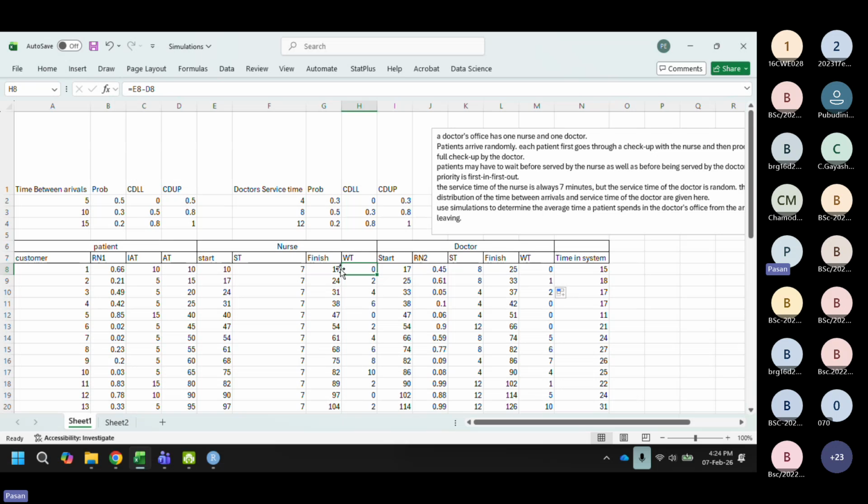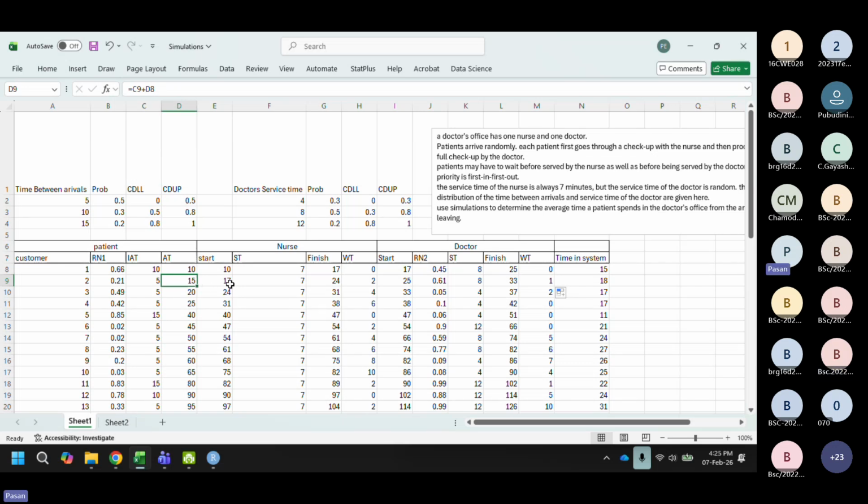Now for the nurse, we can calculate that information. Look at the second customer. The first one came at 10 and finished the work with the nurse at time point 17. But the second one came in at 15.